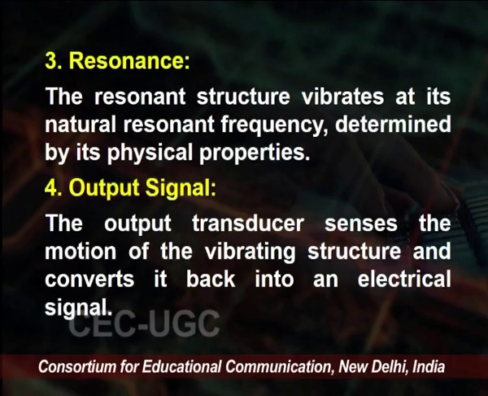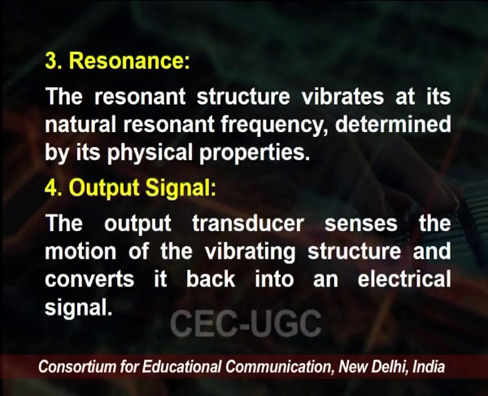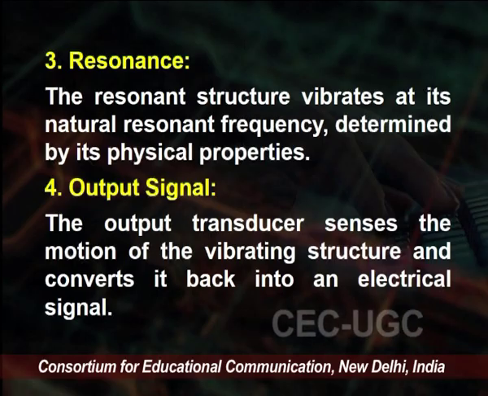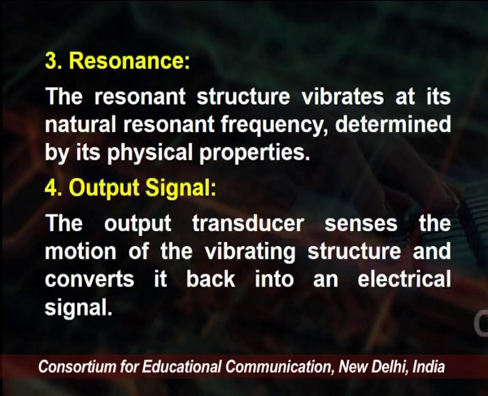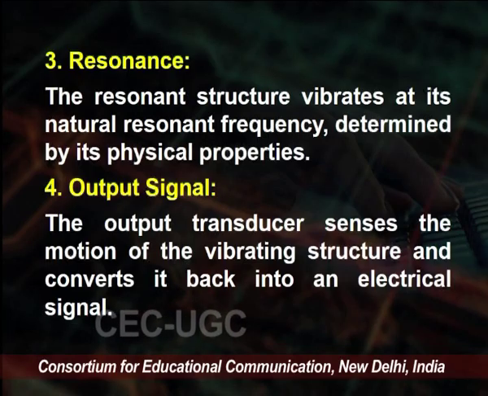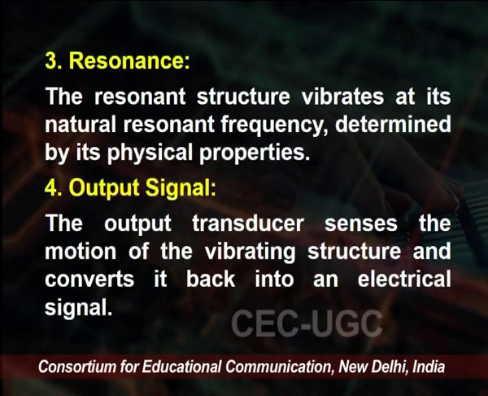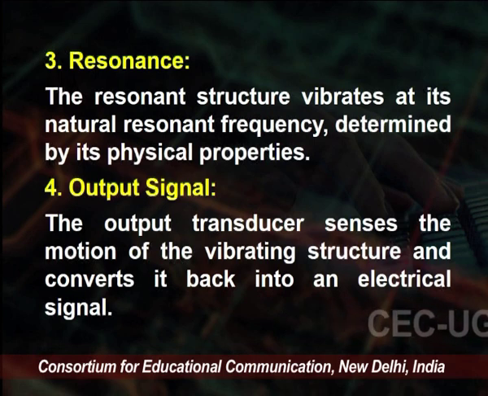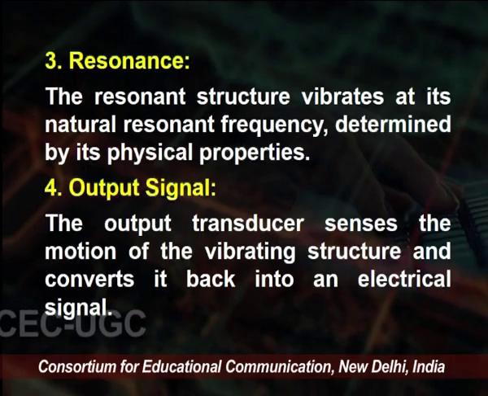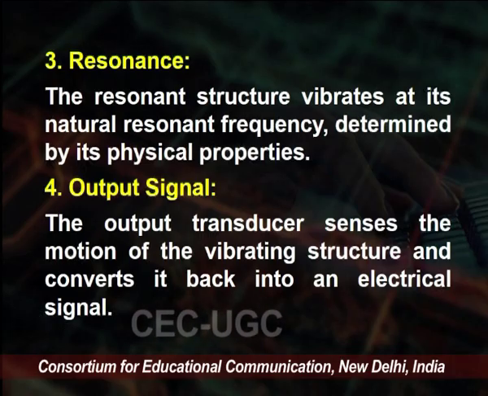Then resonance, the resonant structure vibrates at its natural resonant frequency determined by its physical properties. The fourth one is the output signal. The output transducer senses the motion of the vibrating structure and converts it back into an electrical signal.